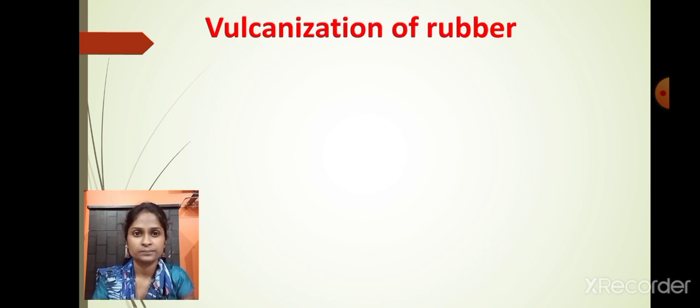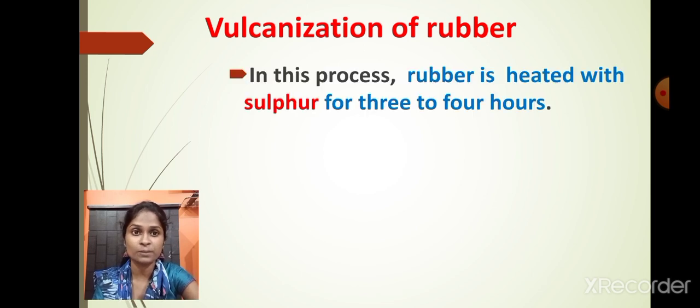It is soft. But we want to use the rubber for other uses, so we have to make it a little bit harder. This process of making the rubber harder is called what? Vulcanization of the rubber.